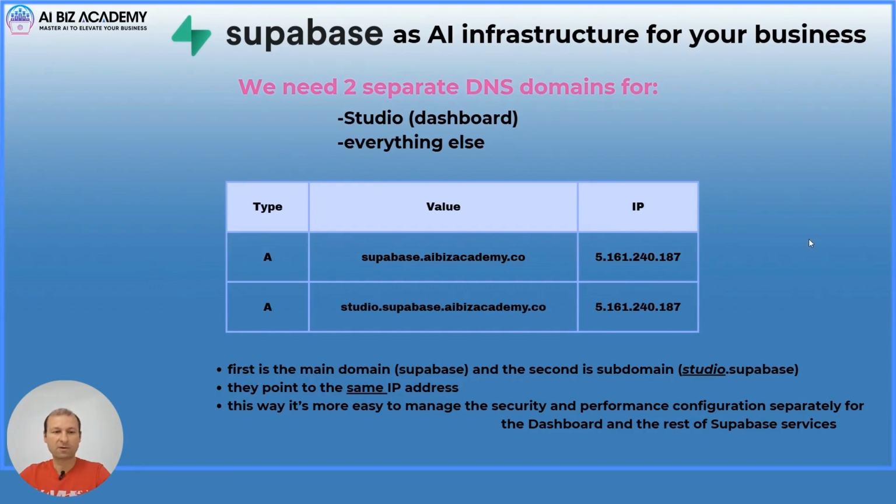If we put all the configuration in one big file, it will be very confusing to see which rules will be applied by Nginx, because Nginx treats the configuration in the same file on a hierarchy basis. So it is very easy to get confused if you have a big, spaghetti-type configuration. That's why I recommend having these two separate domains, and each will be managed by its own configuration file in Nginx. Okay, so go ahead and create this new DNS record.